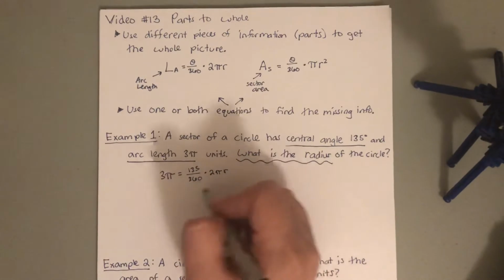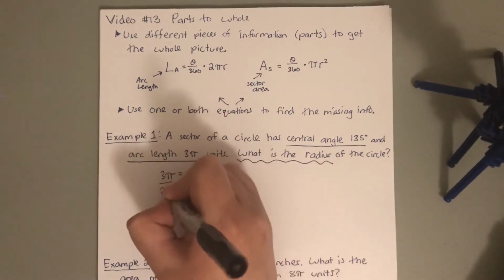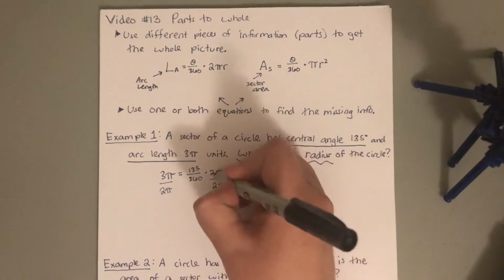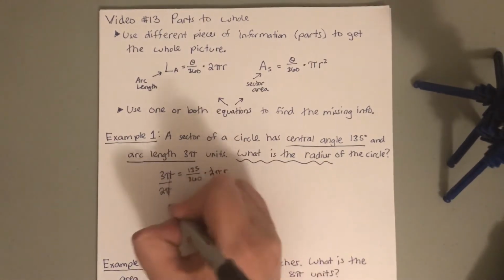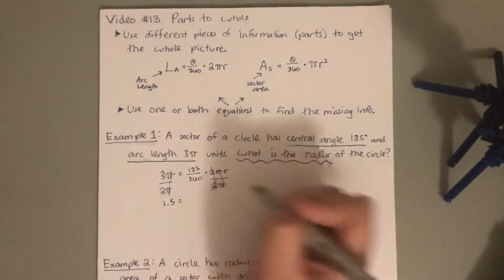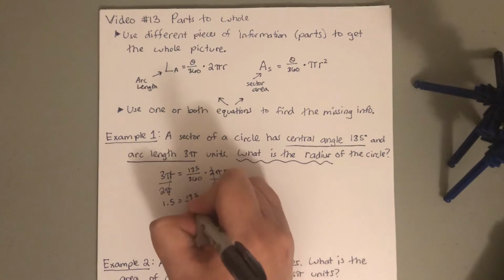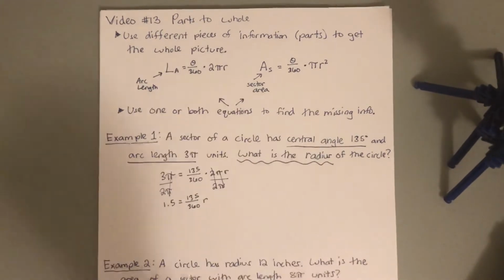To solve for r, the first thing I'm going to do is divide both sides by 2 pi. When I do that, the 2's and the pi's cancel out, and 3 divided by 2 is 1.5, which equals 135 divided by 360 times r.